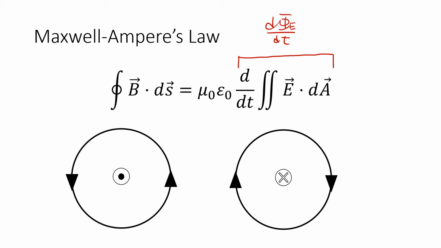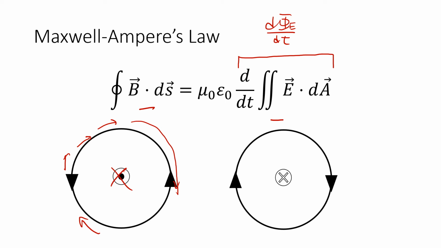So if the magnetic field was this way, for example, in a circle around, we know that B dot ds will be negative. So it'll be negative B times 2 pi R. But on the other side, since we know that the left side is negative, we know that d phi E dt is also negative. And what that means is that the flux is increasing in the negative direction, or it's decreasing, however you want to think about it.